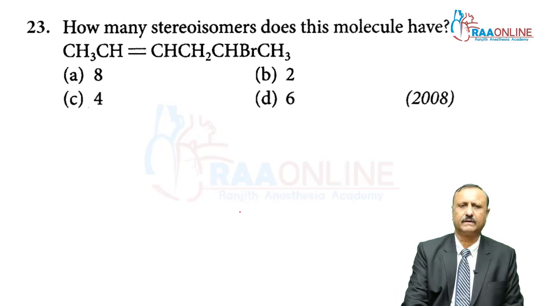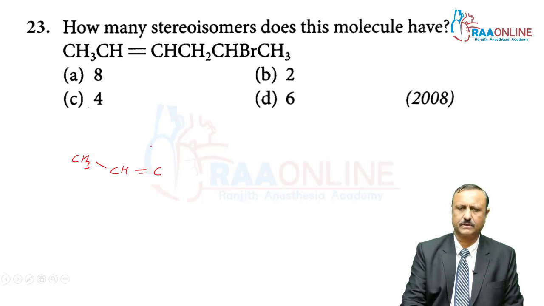My dear students, when you draw the structure, this CH, double bond C, so you can draw this H here, and you can get this H. This bond is attached with this CH2, CH, here Br and CH3.